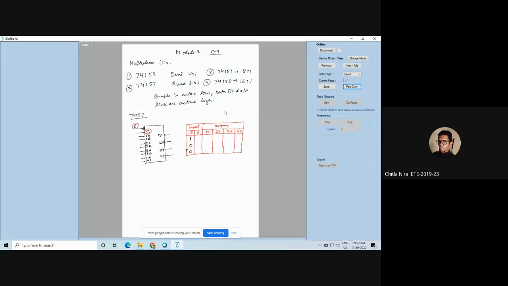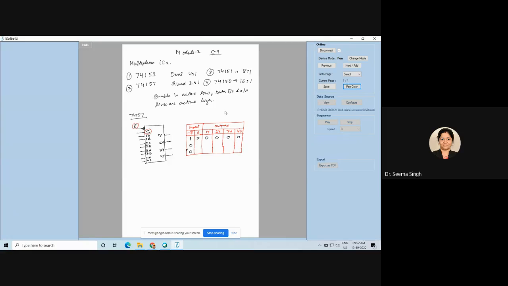Don't care and zeros. Correct. Very good. So if enable is active low and I am giving 1, select becomes don't care. It does not matter whatever select comes. And output is not connected to anything. And when it is not connected to anything, you will see 0 voltage there.